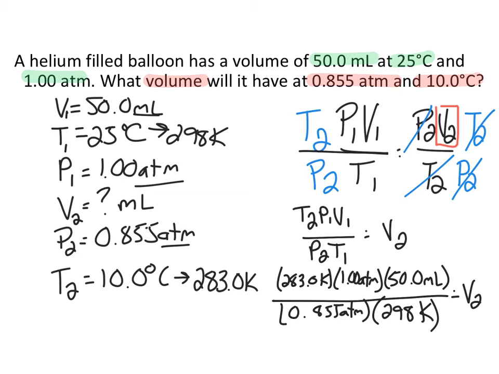So you notice that atmospheres cancel, Kelvins cancel, so I'm left in milliliters, so that's a good sign. So now let's plug that in the calculator. And I get 55.5, but I want to make sure my sig figs are correct, so I'm looking at 50. So that has 3, that has 3, that has 3, that has 3, and that has 4. So the smallest amount was 3. So that means my answer for V2 equals 55.5 milliliters.